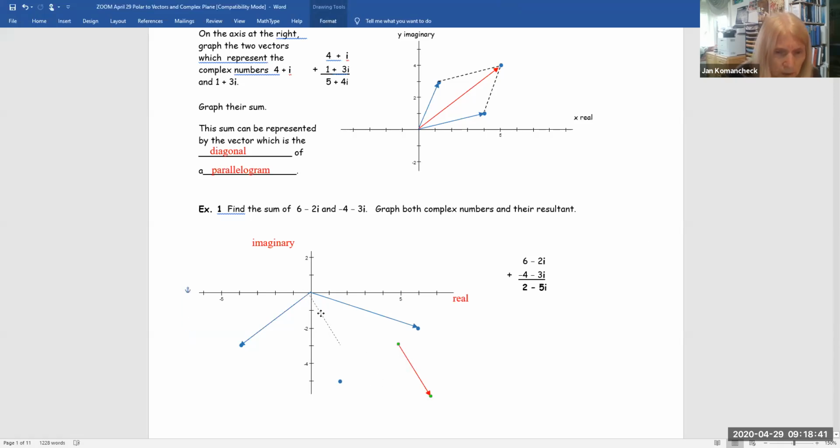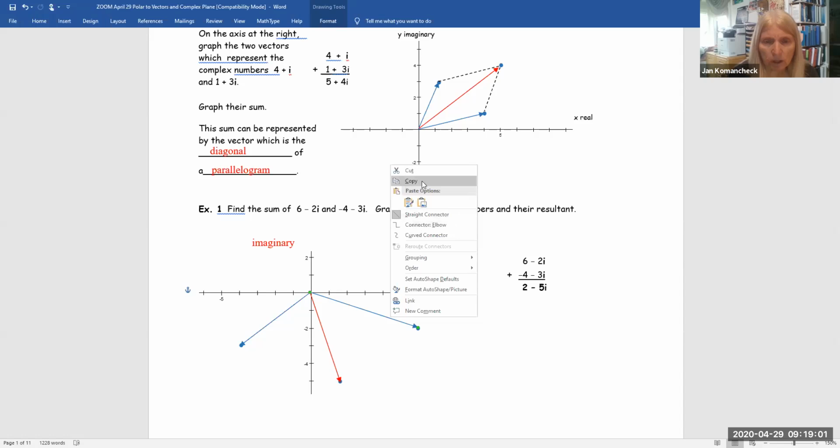If you have colored pencils at home, all my colored pencils are at school, believe it or not. Haven't been over there since school let out on the Wednesday we had before spring break. Okay, so that's the resultant of the 2 vectors. If I go ahead and copy this vector, copy that.